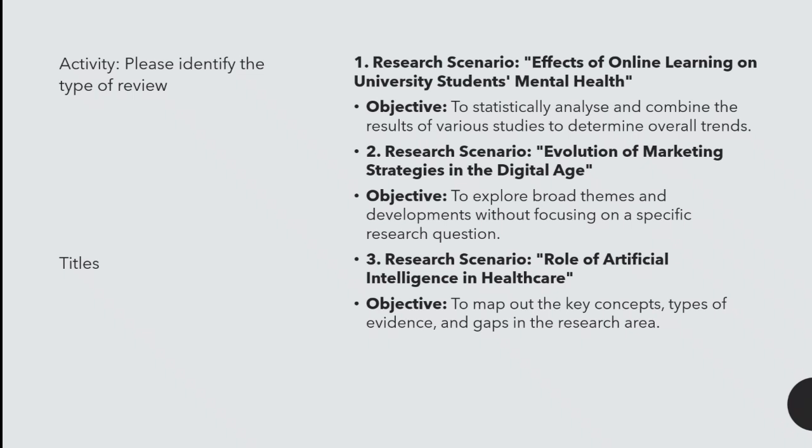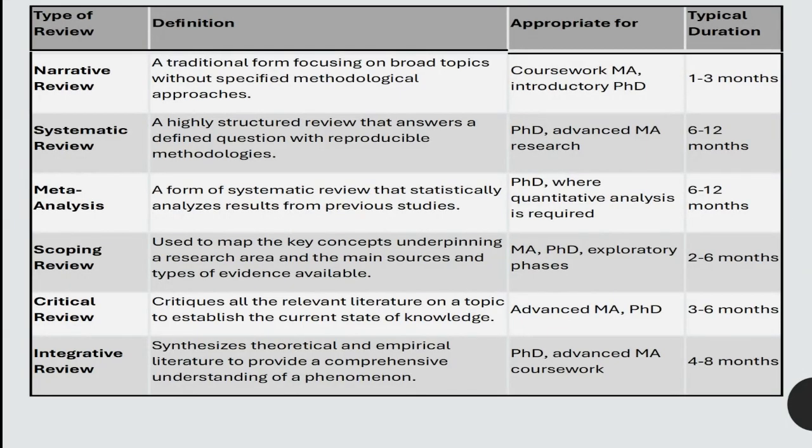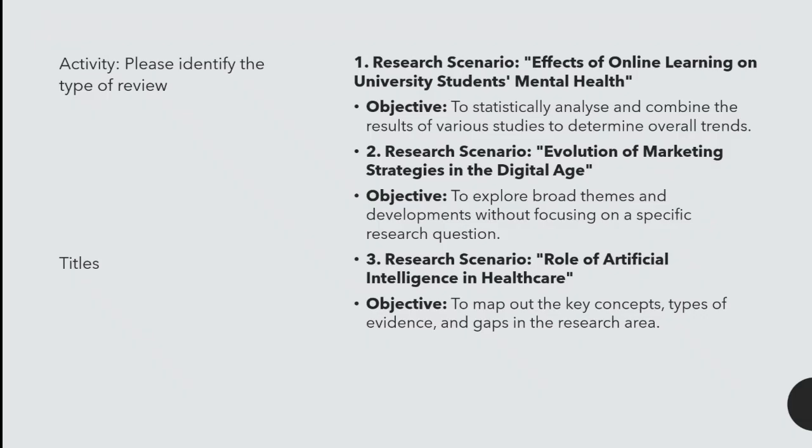Yeah, I'll just go back. So just remember, statistically analyze and combine results to determine overall trends. Let's have a look here. Where do we have statistical analysis? That's in a meta-analysis. So we can maybe think that number one is a meta-analysis.